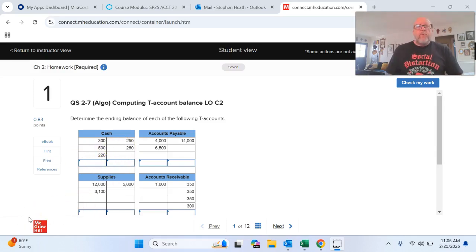If I add up all the debits, 300 plus 500 plus 220, I'm looking at 1020 on the debit side. Then if I add up all the credits, 250 plus 260, I'm thinking that gives me 310. So I would subtract 310 from 1020, which is 710.